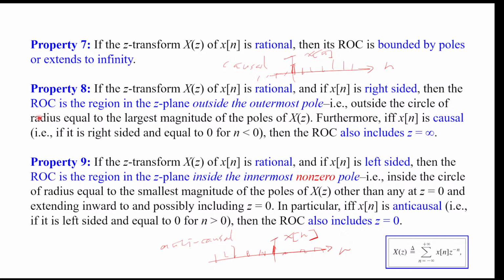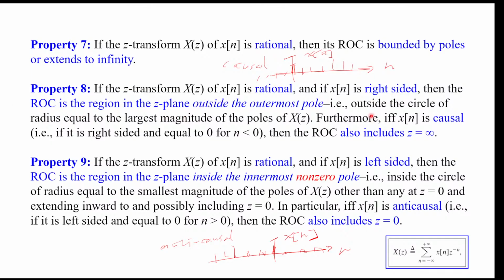Then properties 8 and 9 are basically the old property 8 broken into two parts, because now it's very long, as we need to say something about 0 and infinity. Property 8 combines property 7 with the previous property. It says that if our X of z is rational and x of n is right-sided, then the ROC will be outside.